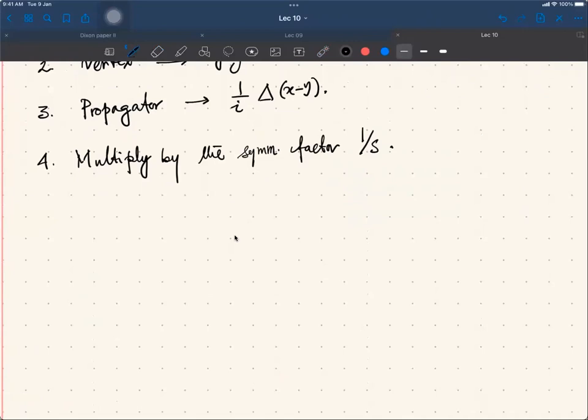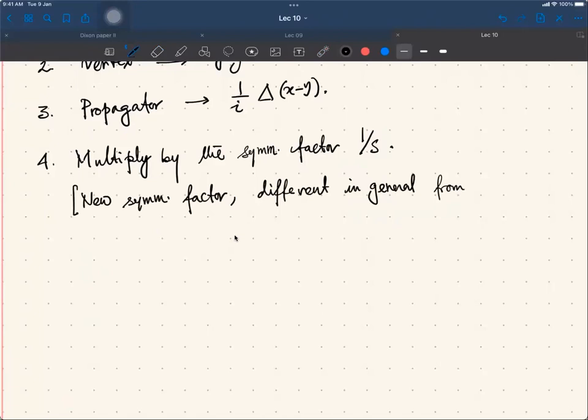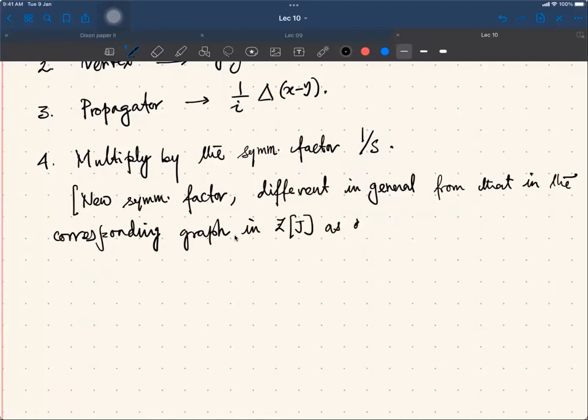In general it is different from that in the corresponding graph in Zj, as dots were indistinguishable in Zj, but crosses are not.